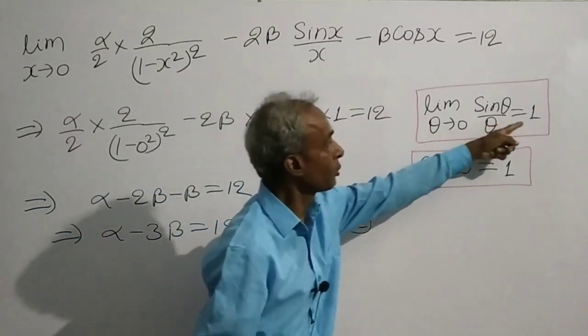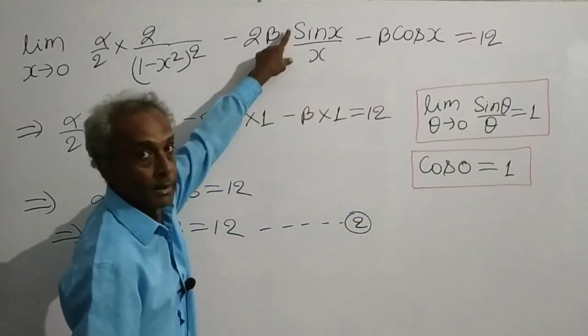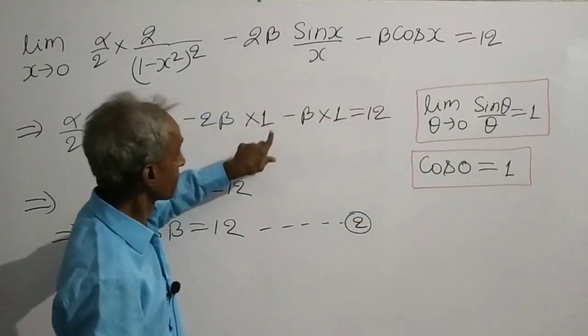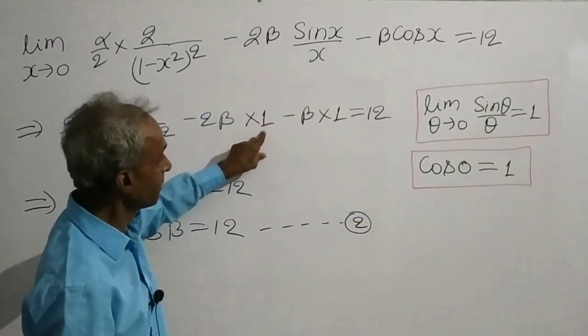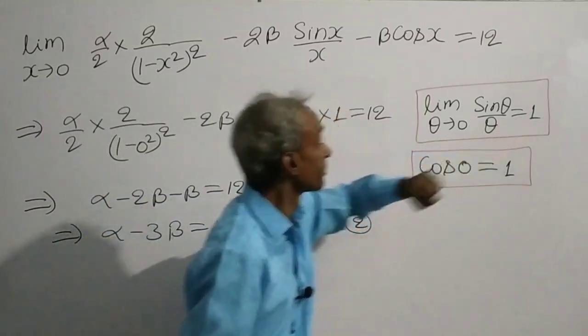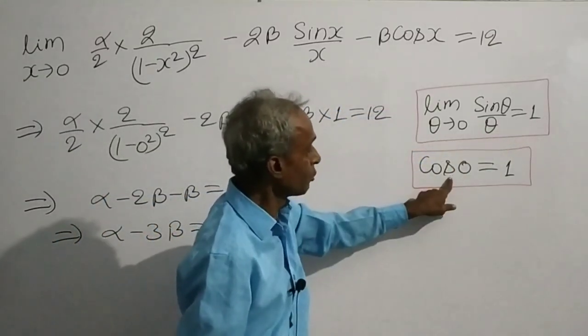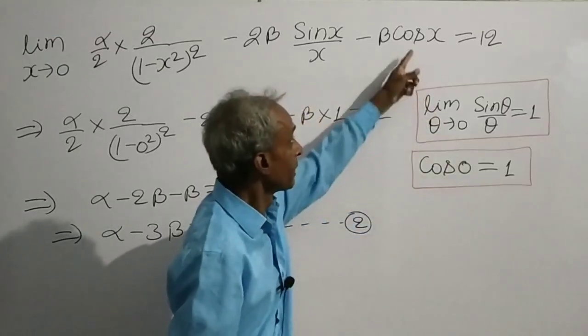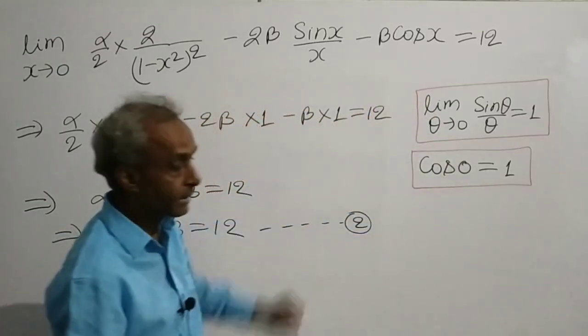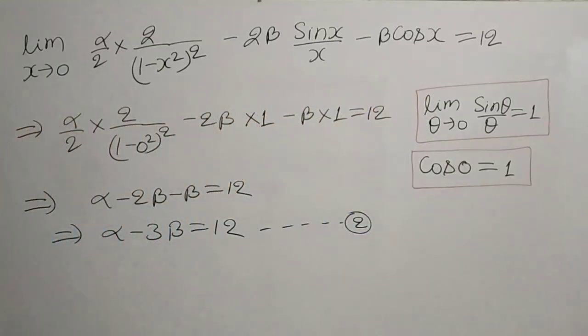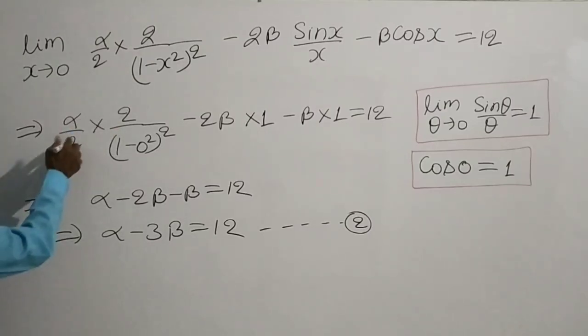Apply this formula here, sin x by x, and its value will be 1. Here will be cos 0 and the value of cos 0 is 1. Therefore, here we write 1. This 2 and this 2 will be cancelled out.